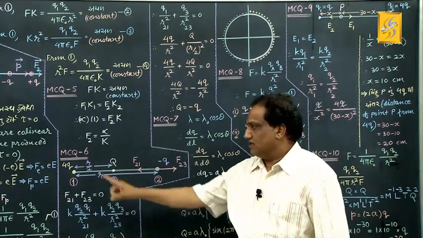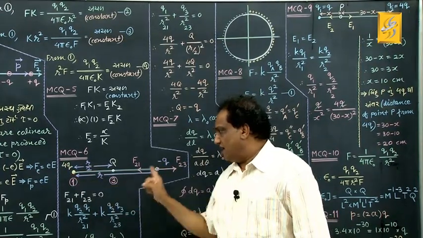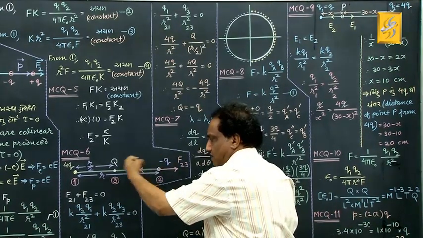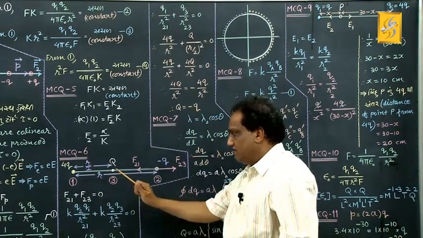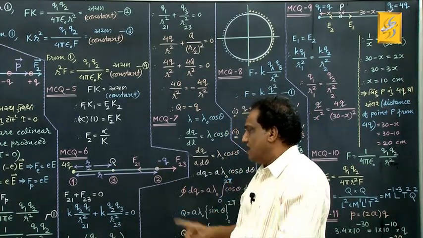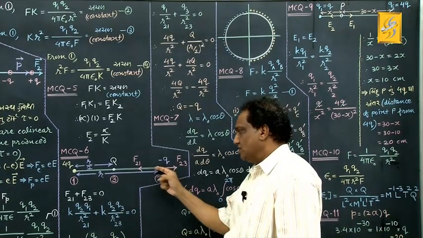Why? Because this is certainly positive and this is negative. So this positive will attract this negative charge this way. So the direction of F21 is this way, towards the left hand side. Now if this is negative, then this negative charge will repel this negative charge, and the repulsive force will be this way, opposite to this.